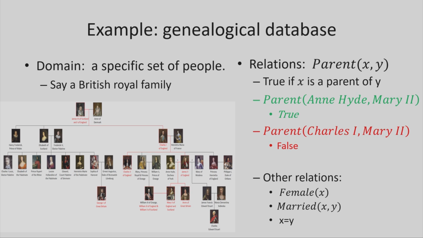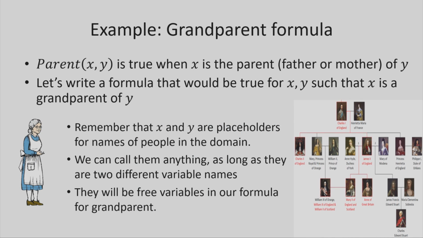Now, what can we do with this kind of genealogical database? We could ask more complicated questions than just parent. Some questions we will be able to ask. Some questions are actually pretty hard to do with logic. But let's try to do the one that we can. Here's one example.